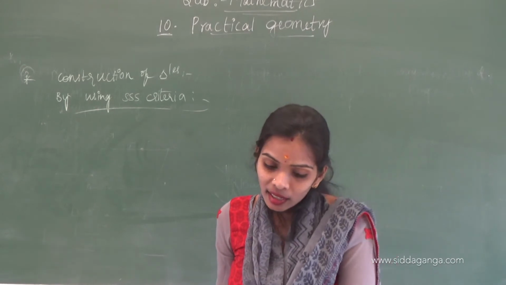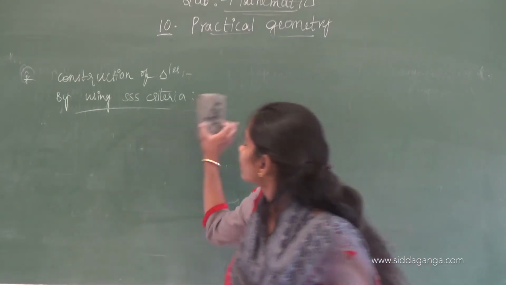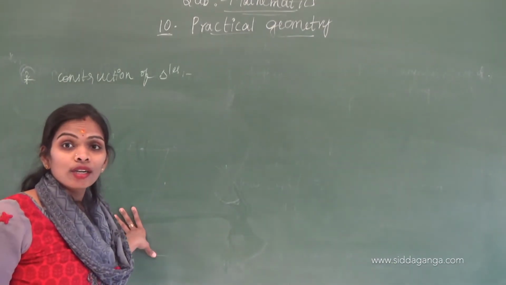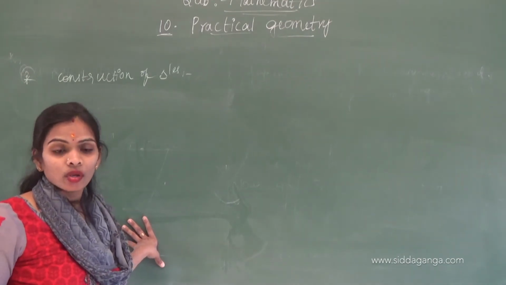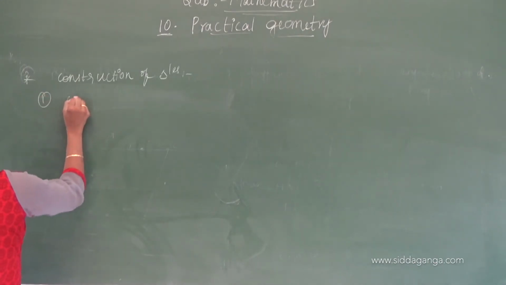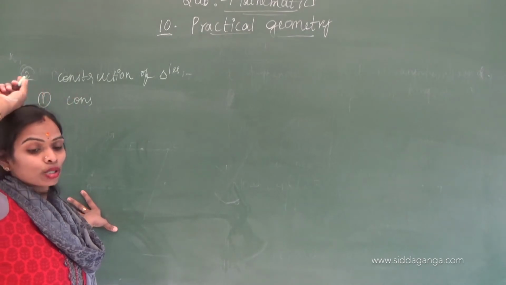See here, children, no need for you to tell this one. First I will show how to construct a triangle when we know the measurements, the first example. After that I will show how to construct 2 congruent triangles.